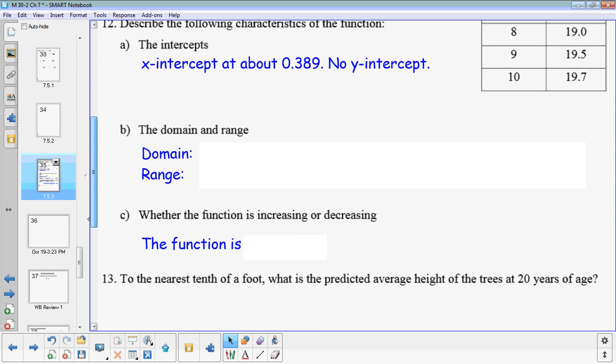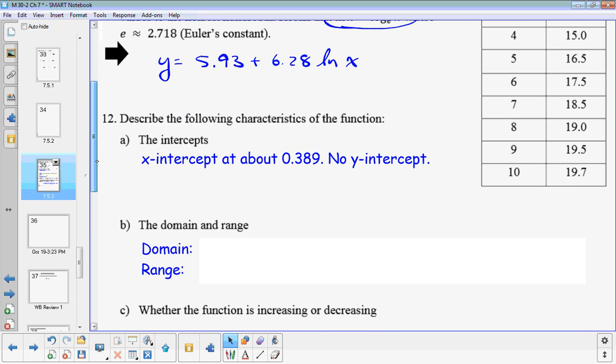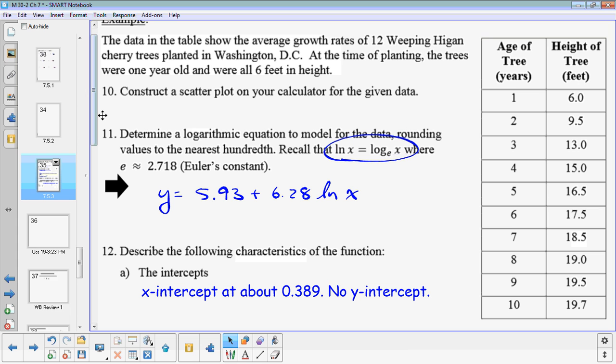So for our domain and range, what does x represent in this question? So x would be this first column in the table, right? So that was list 1. So the age of the tree.